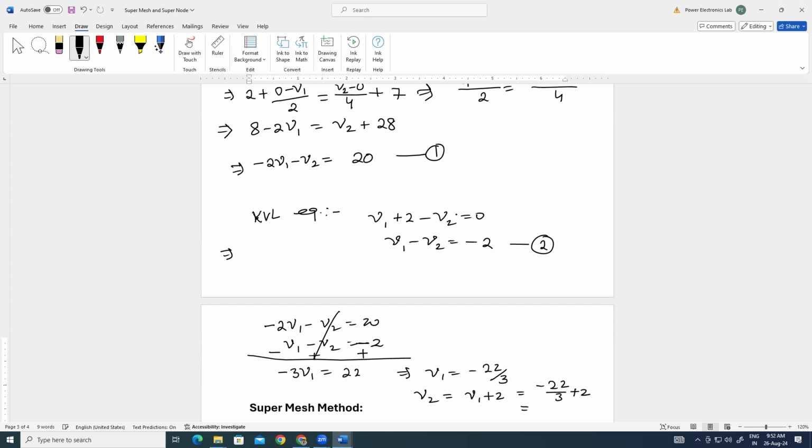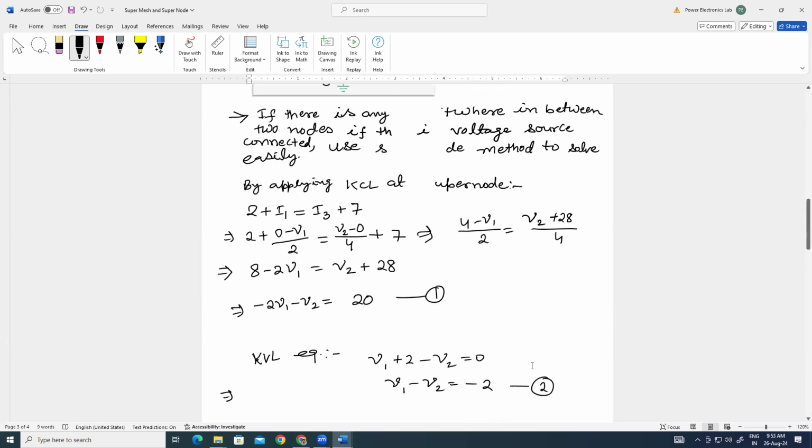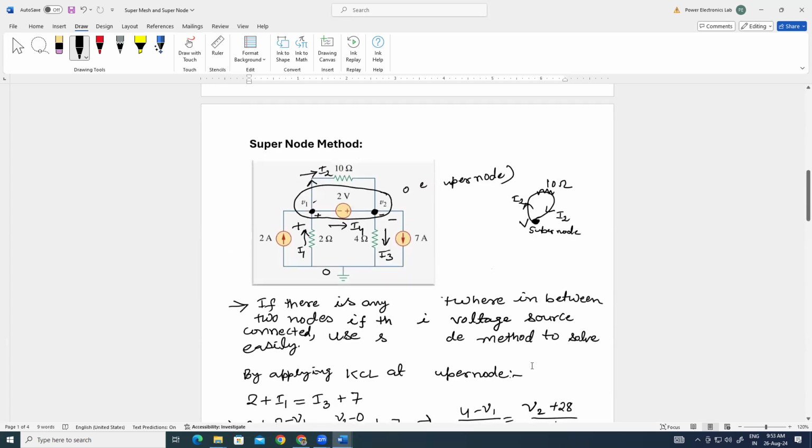That will be minus 16 by 3 volt. So V1 we have calculated as minus 22 by 3 volt, and V2 as minus 16 by 3 volt.